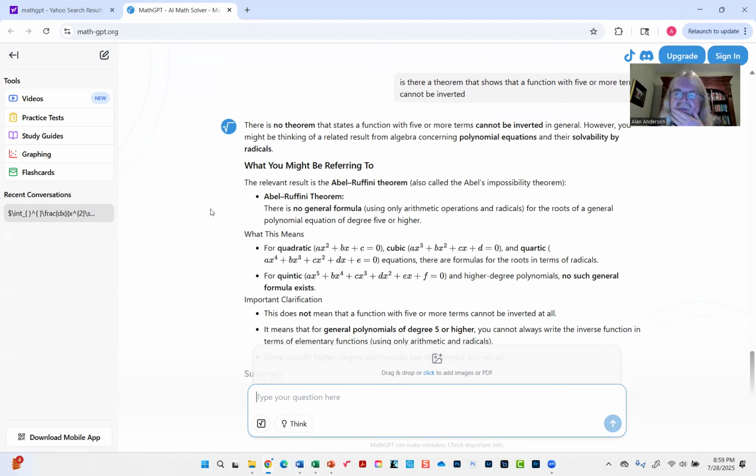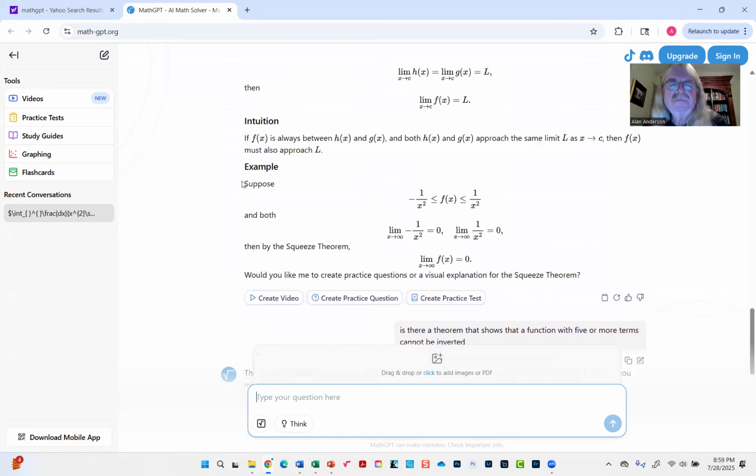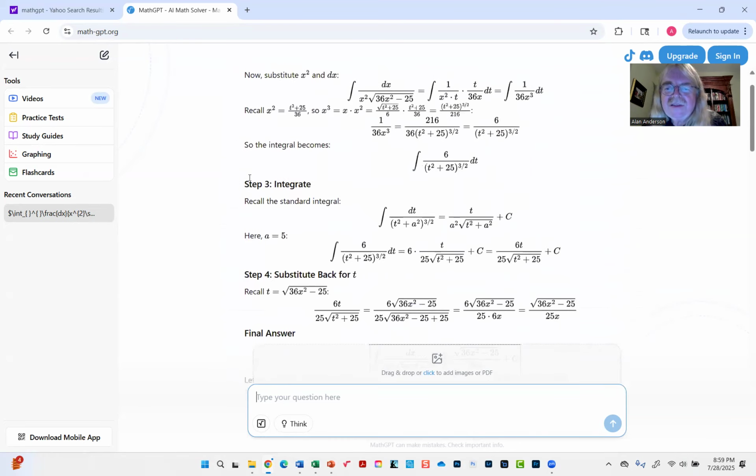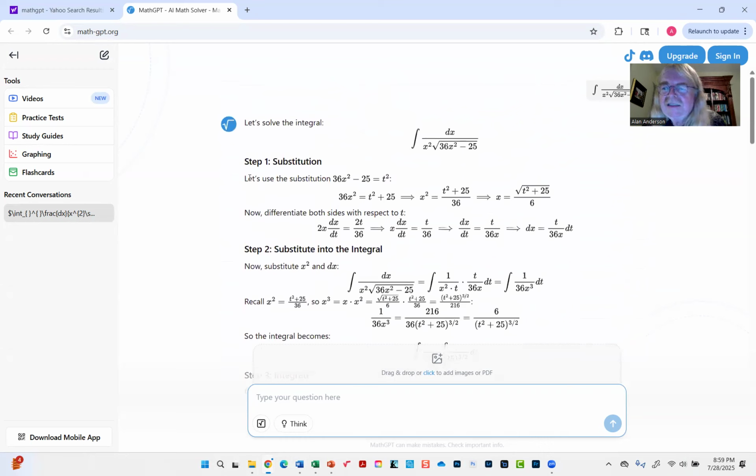Yeah, no, I must be misremembering this. But anyway, the bottom line is doing an inverse would be very difficult, so I have to use numerical methods. But how do you like that? Look at this thing. It does math. Oh my God.